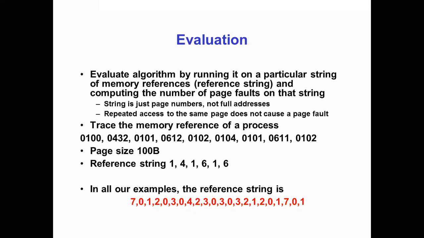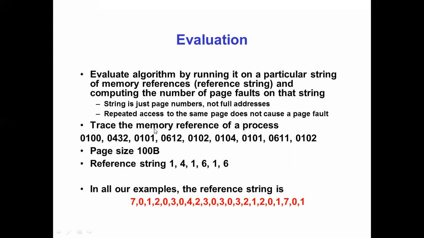Now you can see the string is just page numbers, not full addresses. So you are going to maintain the string, and it indicates the page numbers, not the full address of that process. Repeated access to the same page does not cause a page fault. If the process is repeating for the same page, then we cannot say it is a page fault.